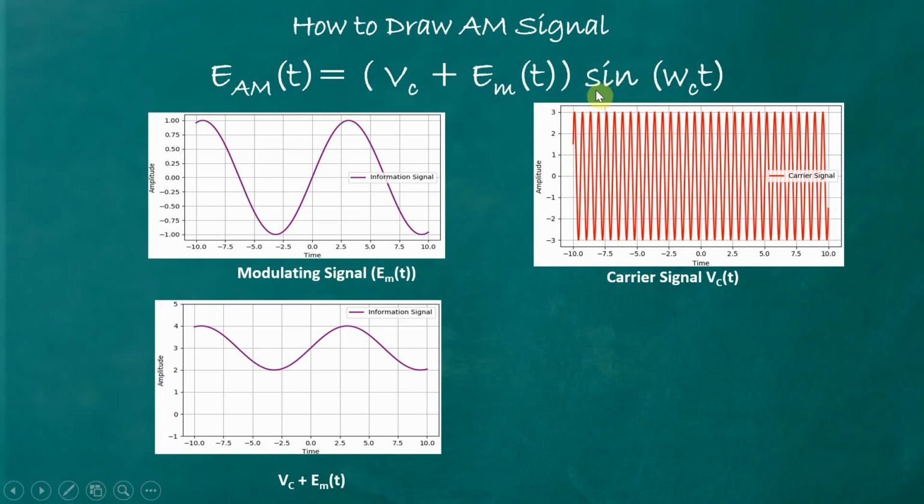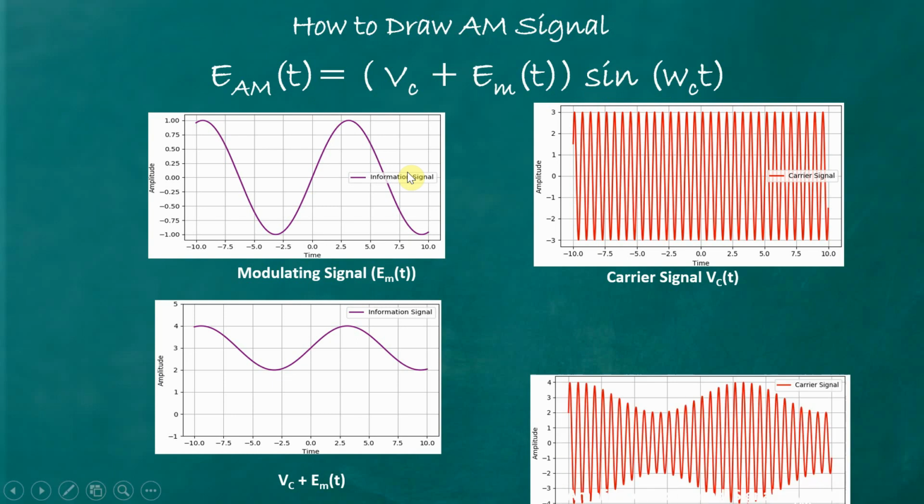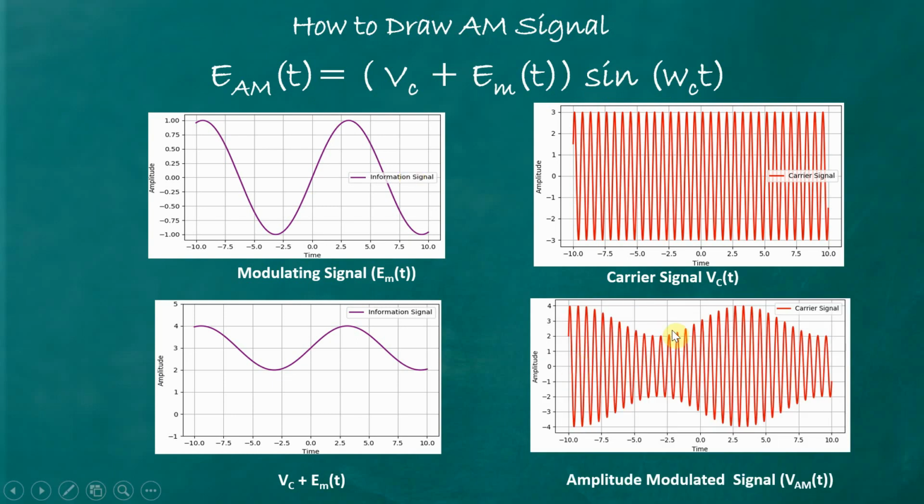So the peak amplitude of this modulated signal is now varying according to this, and you can see that in this waveform. This is nothing but the modulated signal at different instants of time. From this you can see that for different instants of time, the peak amplitude of this sine wave is different.